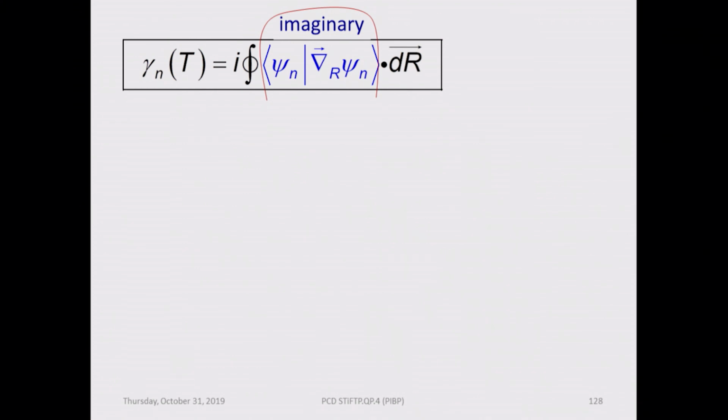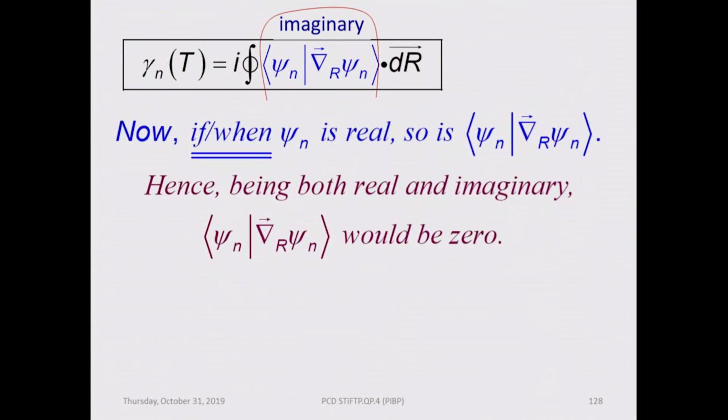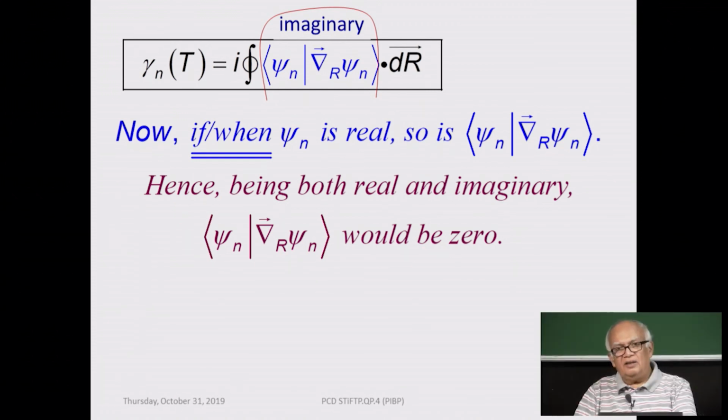We also know that if the wave function is real, so will be the projection of its gradient on the same state, and then the factor that you have in the integrand is both imaginary and real, and it can therefore be only 0, right.